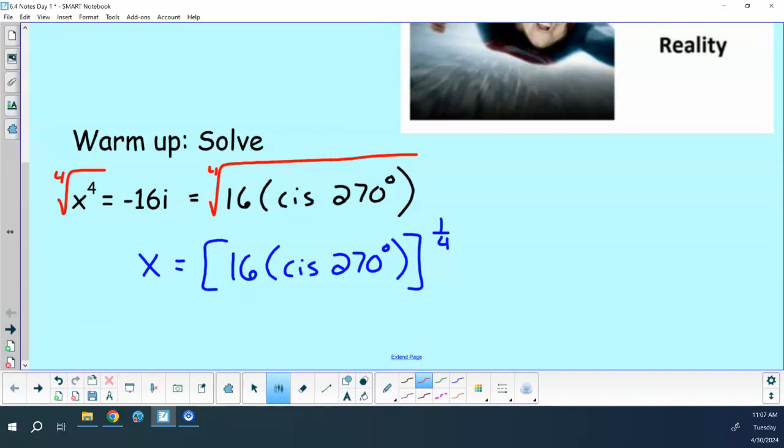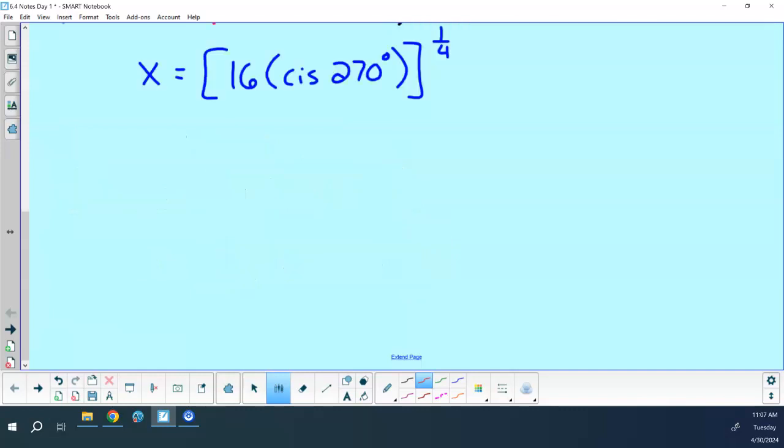Which means, according to de Moivre, that x is going to equal 16 to the 1/4 power cosine I sine of 1/4 times 270.